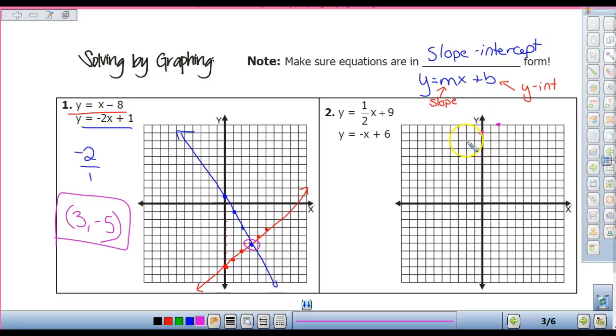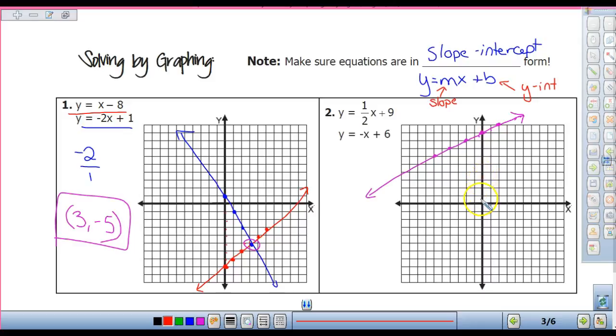To the left, because I would go opposite. So down 1, and I can go to the left 2. Okay, so bottom one, where am I starting?